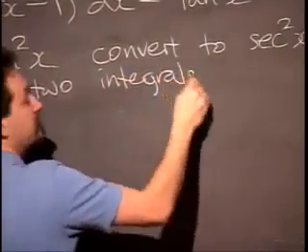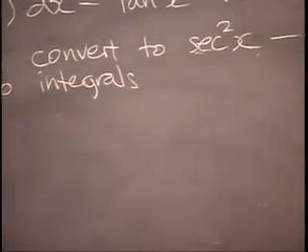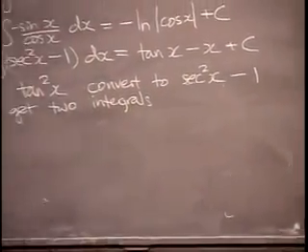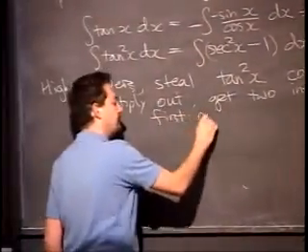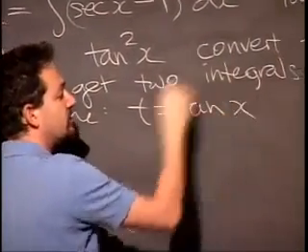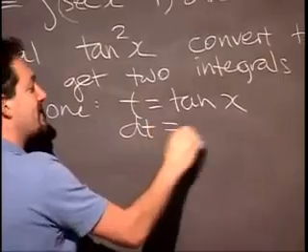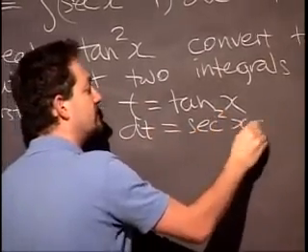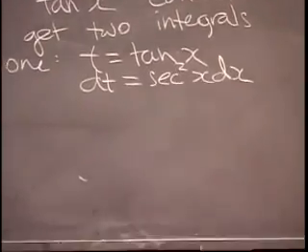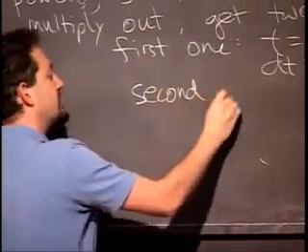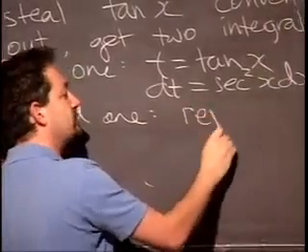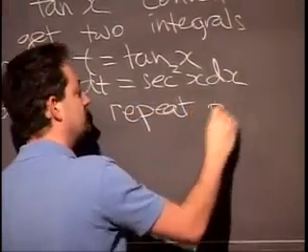One will involve secant squared, and the other one won't. This is the first one. You let t be equal to tan x, and it works because dt is the secant squared that you just generated. So that's easy enough to do. Whereas the second one, the second integral, is a lower power, so repeat the whole process.